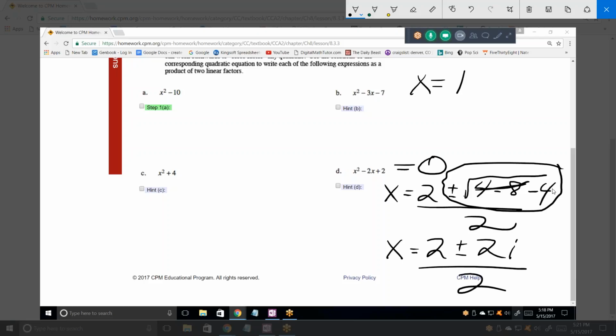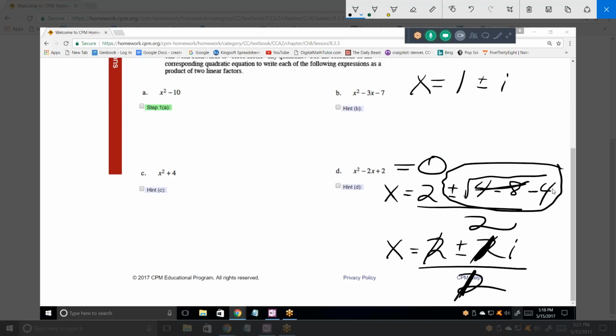No, it's actually 1 plus or minus i. In other words, you can now divide top and bottom by 2, but these 2's don't cancel. They become 1's. That becomes a 1, that becomes a 1, and that becomes a 1. So my answer is 1 plus or minus i.